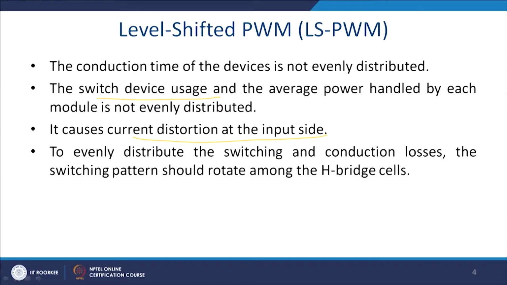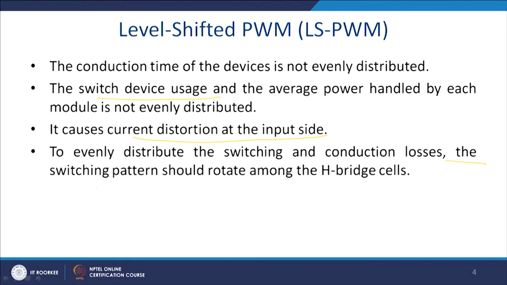and it causes current distortion at the input side, which is also not advantageous, because you know that mf plus minus 6 is present in the harmonics. To evenly distribute the switching and conduction losses, the switching pattern should be rotated among the H bridge cells.